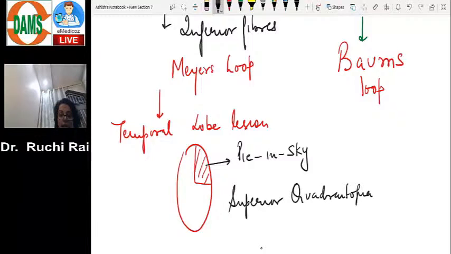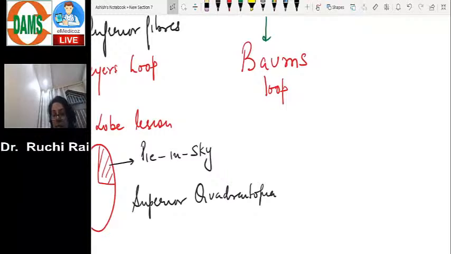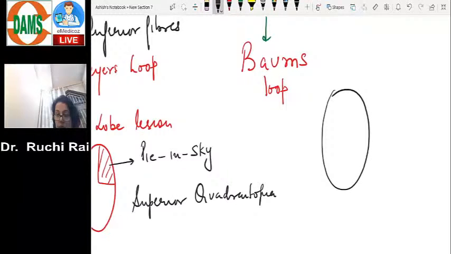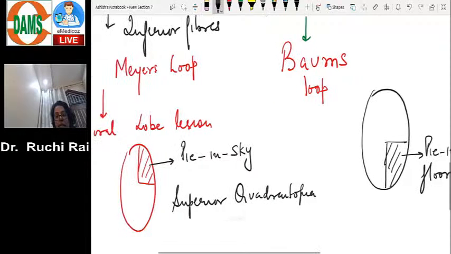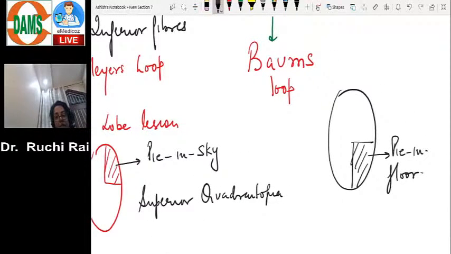And vice versa, if it's a parietal lobe lesion, because the superior fibers are gone, we will get an inferior quadrantanopia, of whichever side. This is what is called pie on the floor. So one is pie in the sky and the other is pie on the floor, that is inferior quadrantanopia.